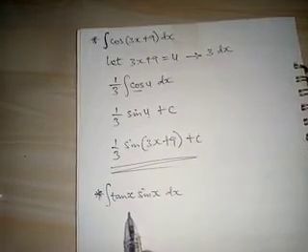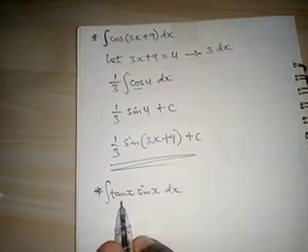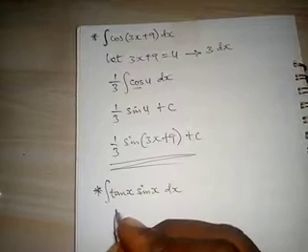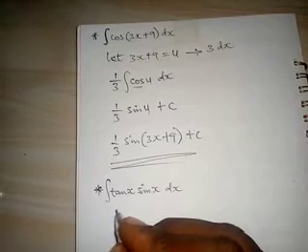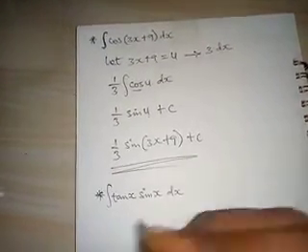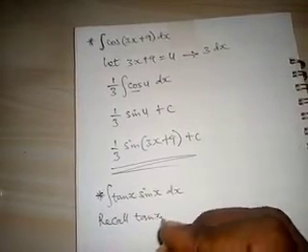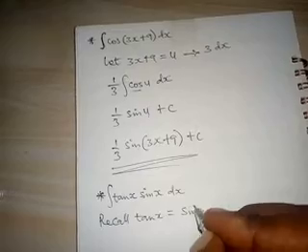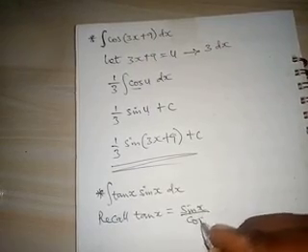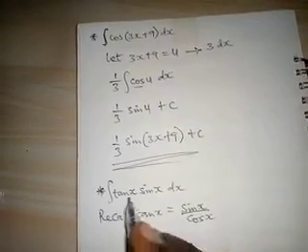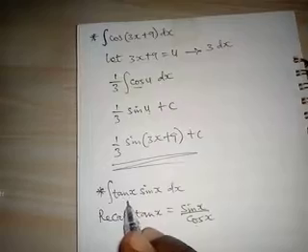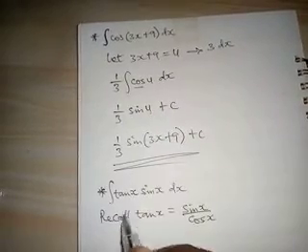Because of that, we can rewrite tan x on its own, because fundamental identity says that tan x is equal to sine x over cos x.